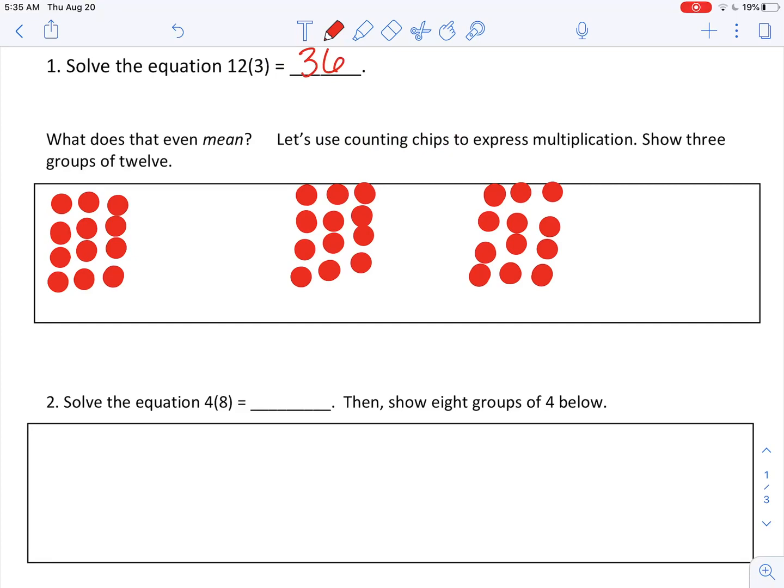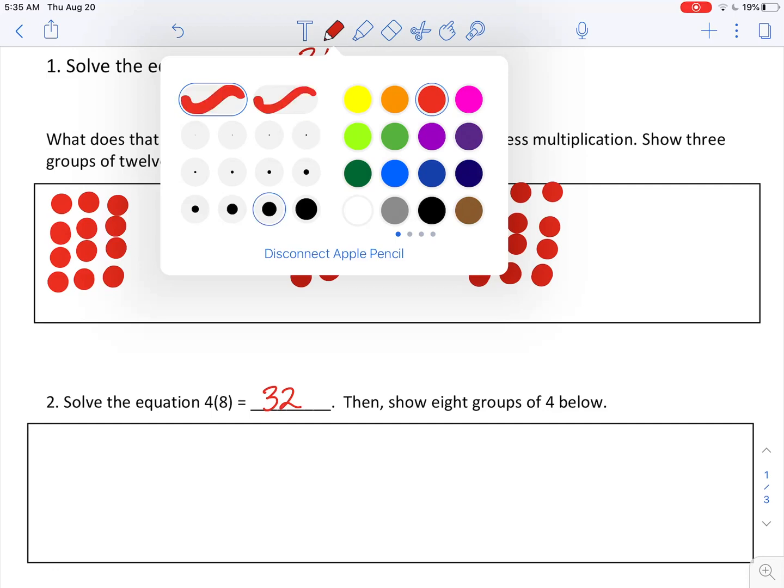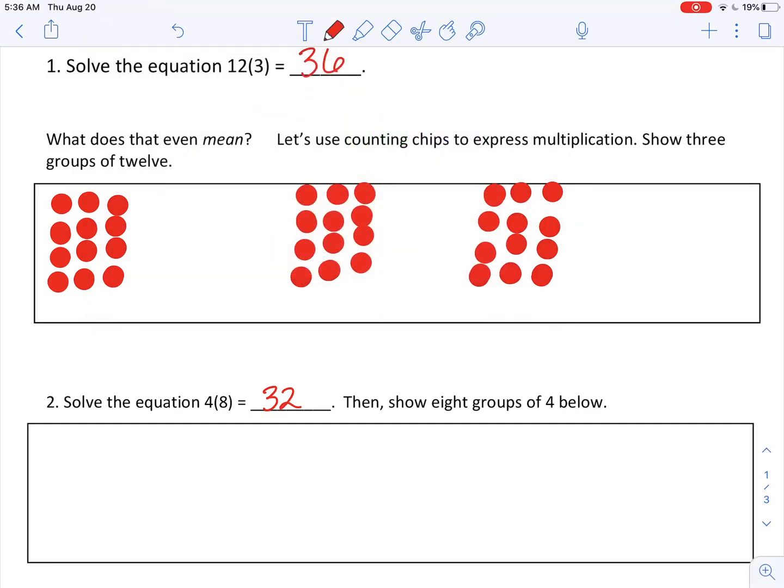So 4 times 8. Well, 4 times 8 we know is 32. But again, what does 4 times 8 even mean?